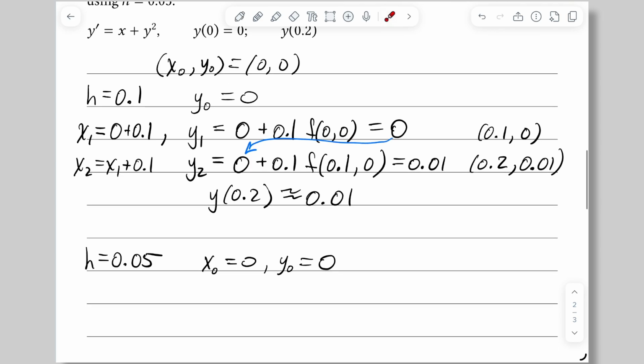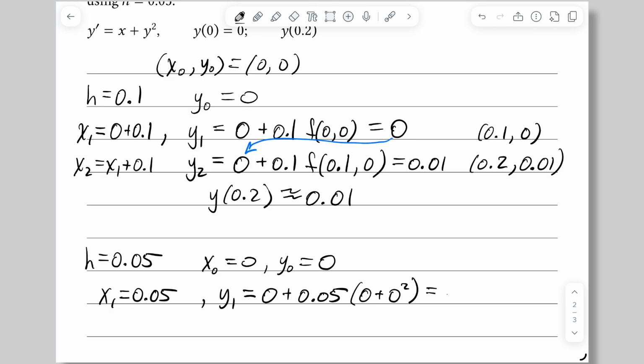But we're still using the differential equation y prime equals x plus y squared. x1 is equal to 0.05, one step size bigger than x sub 0. y1 is equal to the previous y value of 0 plus 0.05 times f of x0, y0. F is x plus y squared. x0 and y0 are both 0. I'll put them in here just to be formal so you can see where everything goes.